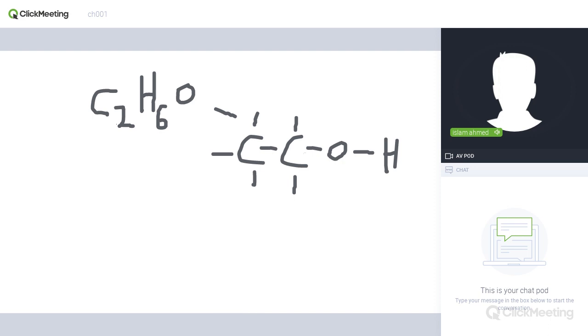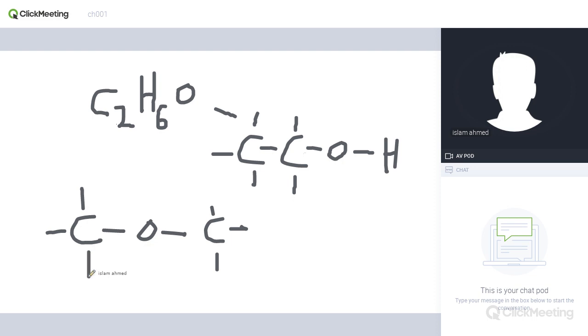Somebody, another friend, will draw it like this: C O C. And that is a totally different compound, a totally different molecule, with totally different pharmacological and physiological action.